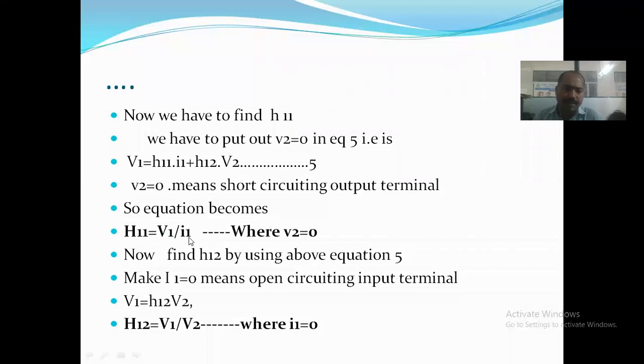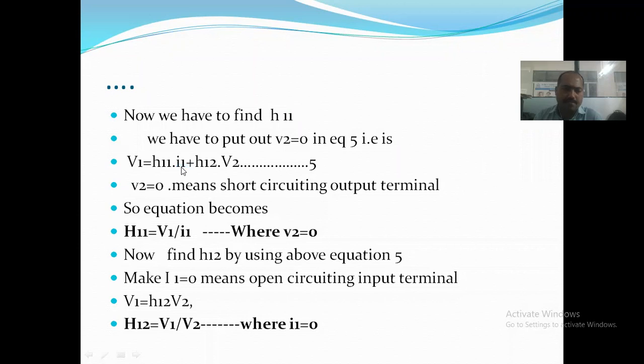Okay. And in that case, we put V2 as 0, right? Okay, so now according to this equation, two parameters we have to find. Now if we have to find H12, for that purpose we have to make the other parameter 0.